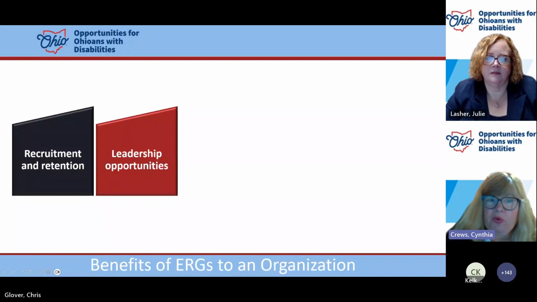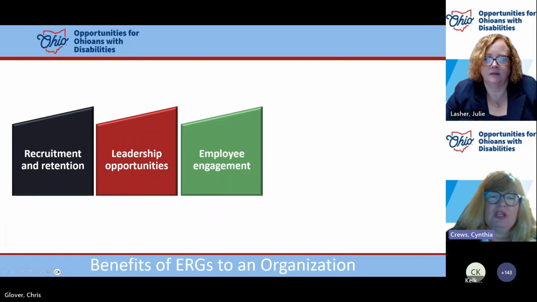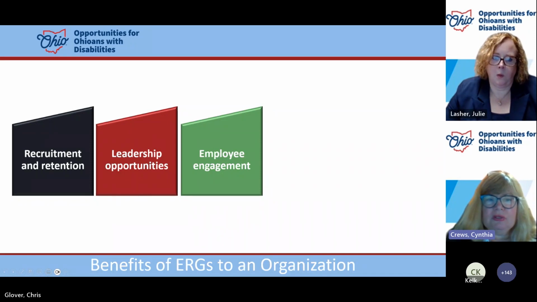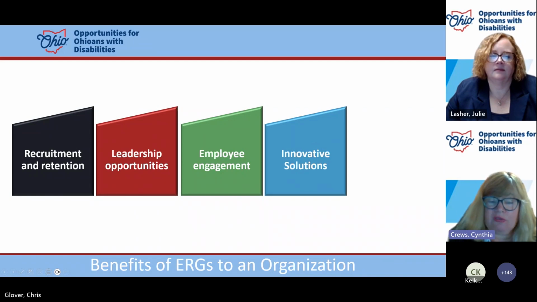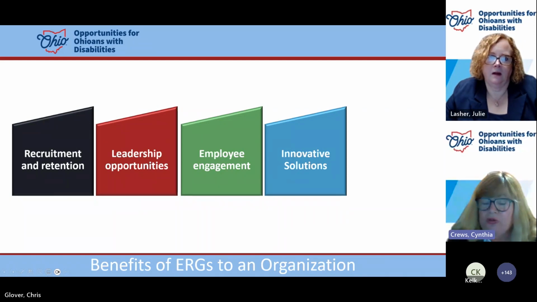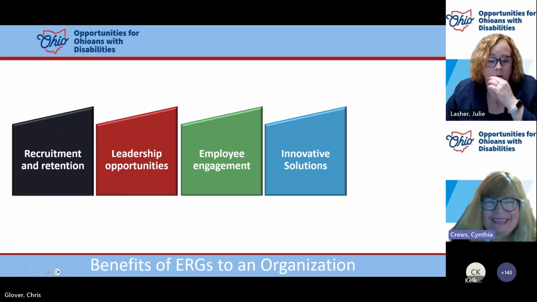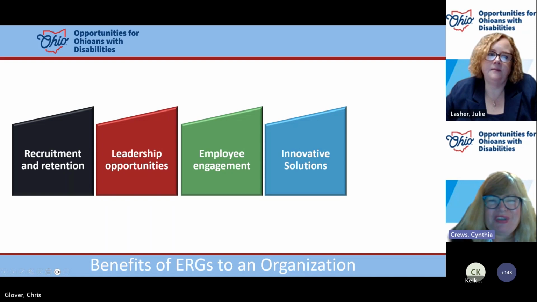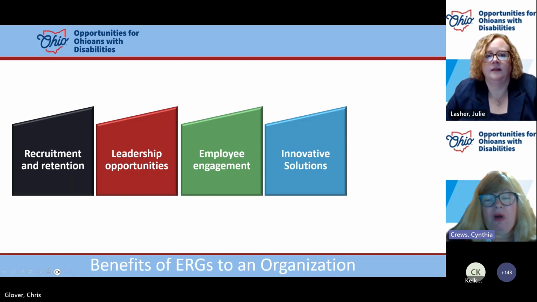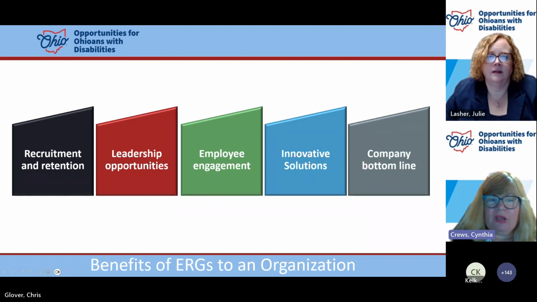And increased employee engagement within ERGs provides opportunities for employees to engage in meaningful ways and also to find commonalities amongst their peers. Can also produce creative and innovative solutions to issues that are facing the organization, and can lead to improved workplace culture through fostering a sense of belonging and community, and who doesn't want that, which can improve job satisfaction and increase company loyalty, ultimately benefiting the company's bottom line.